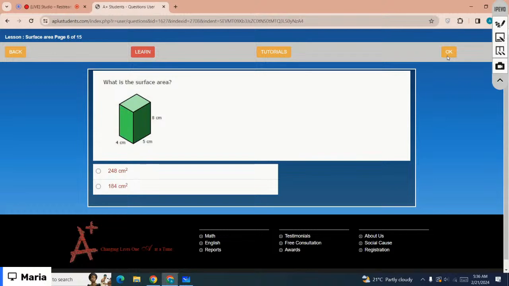Yes, that is again a rectangular prism. So which is the correct option? The correct option is, hold on, 8 times 5 is 40, then 8 times 4 is 32, then 5 times 4 is 20.